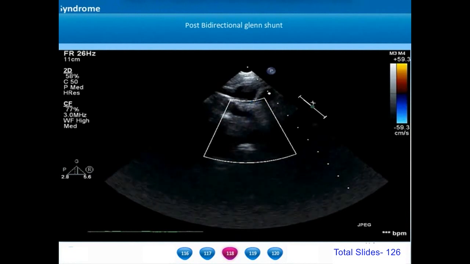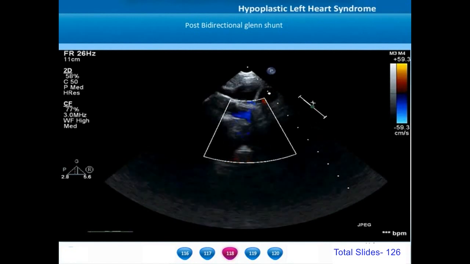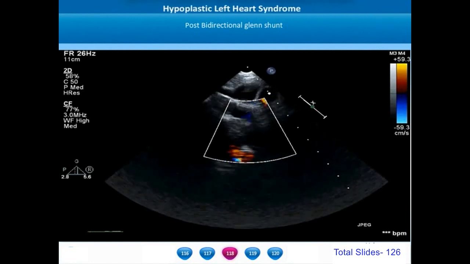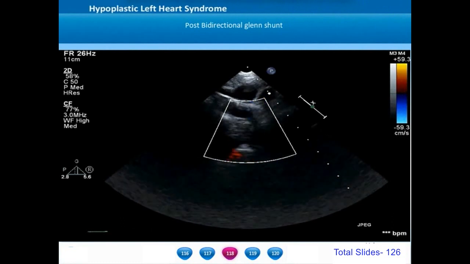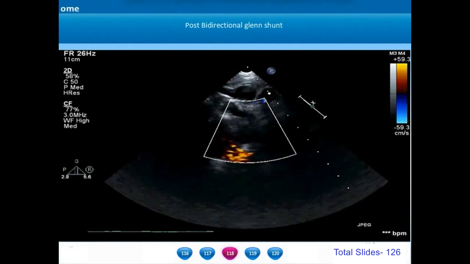The second stage palliation of hypoplastic left heart syndrome will involve bidirectional Glenn shunt. If the patient had been palliated previously with a BT shunt or with a Sano shunt, the shunt will be removed and the right superior vena cava will be anastomosed to the right pulmonary artery to complete the bidirectional Glenn shunt.